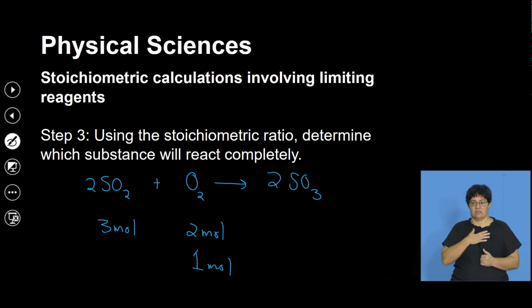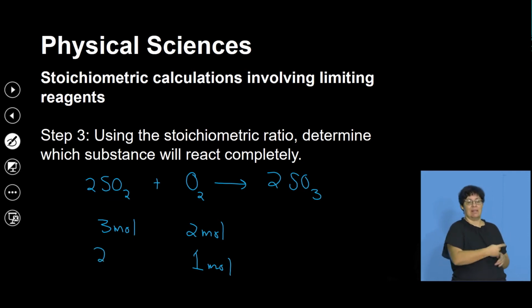And then if 1 mole of oxygen reacts, it must react with double the number, which is 2 moles. So the question is, if this is the stoichiometric ratio in which they react, which of the 2 substances is the limiting reagent? Which one will get used up earlier because of the quantities that we have?